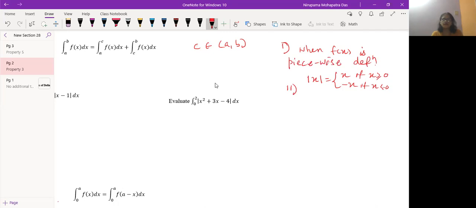Second case, when we use this function, is when f(x) is discontinuous at x equal to c, or it is not defined at x equal to c, or f(x) is non-differentiable at x equal to c.